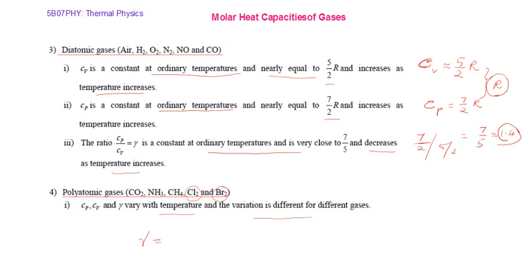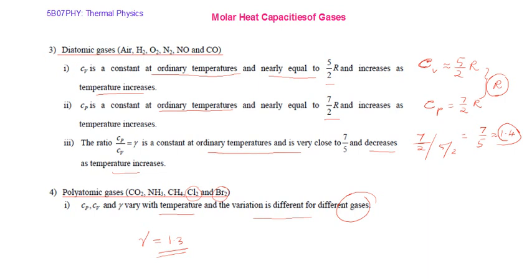Usually the standard value we will take for polyatomic gamma is around 1.2 to 1.3. Let's take 1.3. In books you will see 1.33 and so on. You cannot say exactly, because it depends on the particular gas sample, and it also varies with temperature. So be very careful about it.